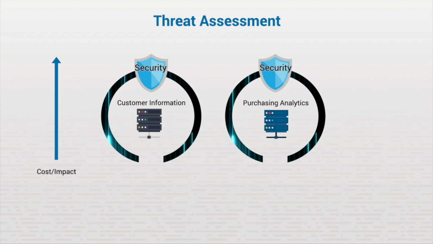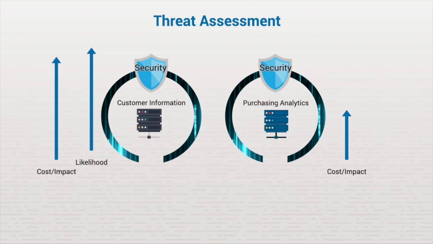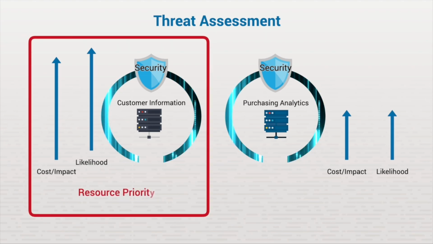So the replacement cost is much lower. The likelihood of the customer information being the target of a cyber attack is much higher than the likelihood of the purchasing analytics being a target. In your assessment of either a database's security being breached, you prioritize your efforts around protecting the customer information over the purchasing analytics.